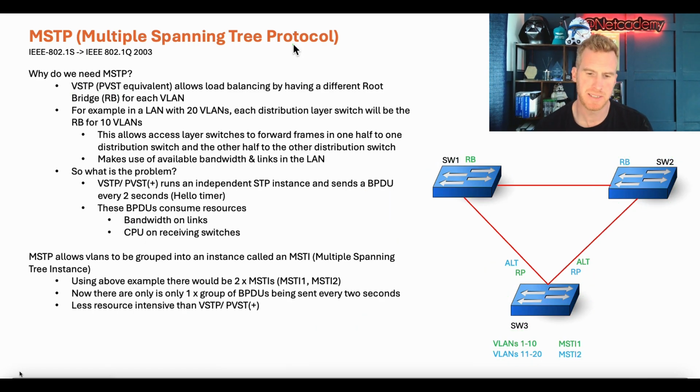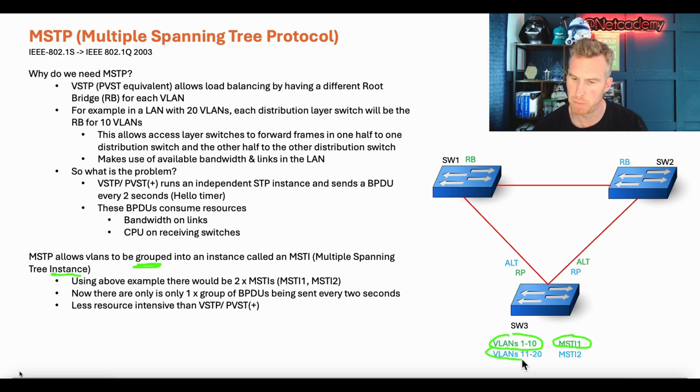But how is MSTP different? Well, what it does is it groups, keyword there, it groups a group of VLANs into an instance, a multiple spanning tree instance. So if you look at VLANs 1 to 10, they are aligned to MSTI, multiple spanning tree instance 1.